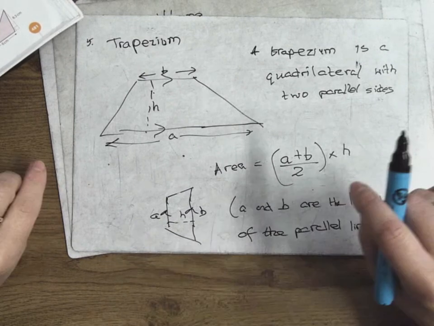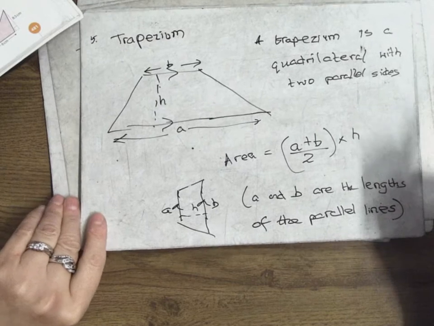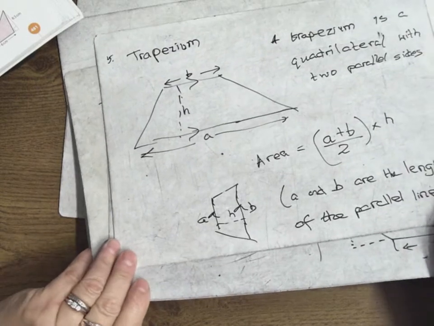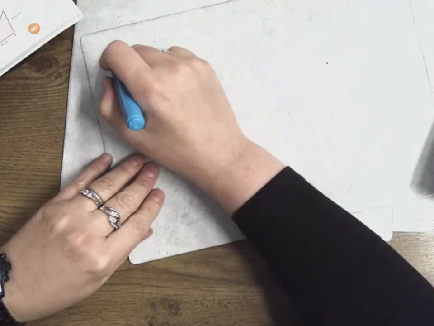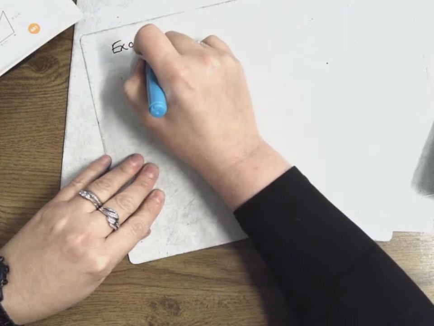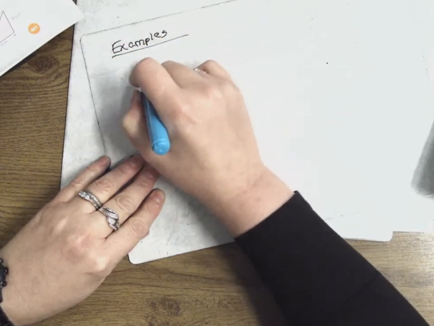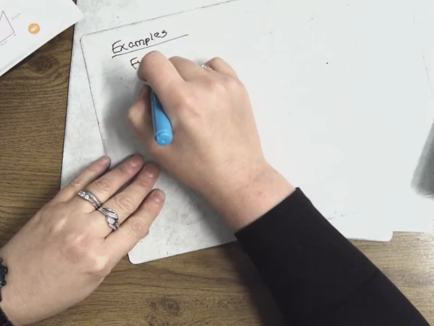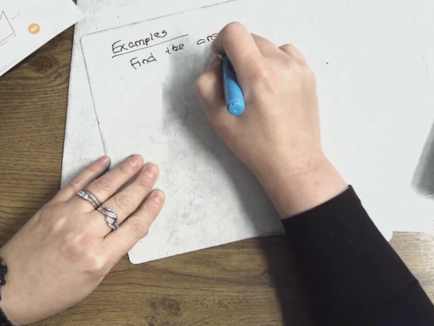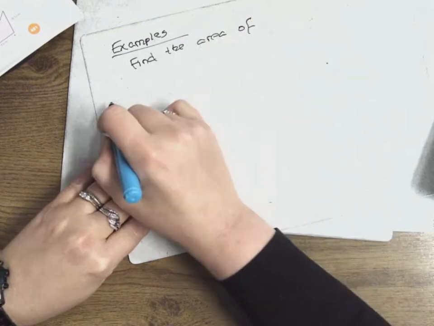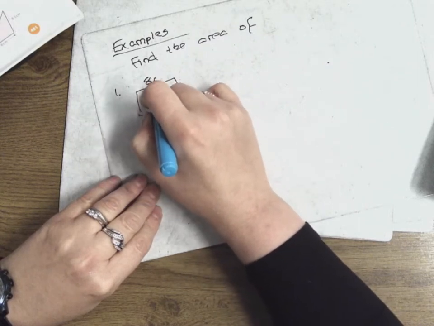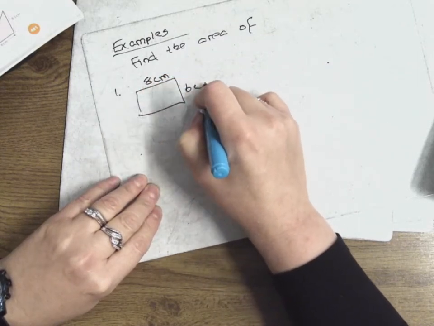Right, I'll do a few examples. Find the area of this rectangle, 8 centimetres by 6 centimetres.